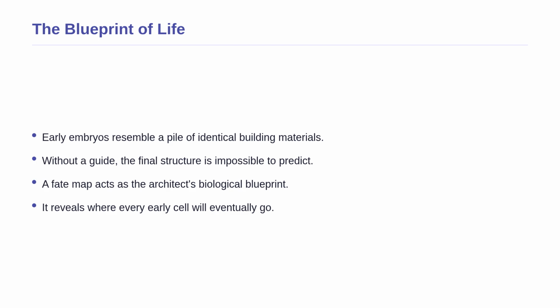In developmental biology, an early embryo is exactly like that pile of materials. It consists of a tiny ball of seemingly identical cells. A fate map is the biological blueprint that tells us exactly what each of those early cells will eventually become in the fully grown animal.